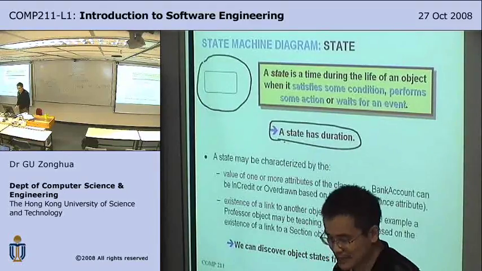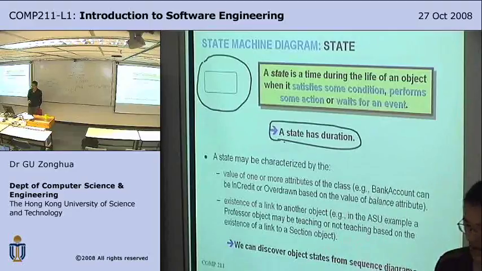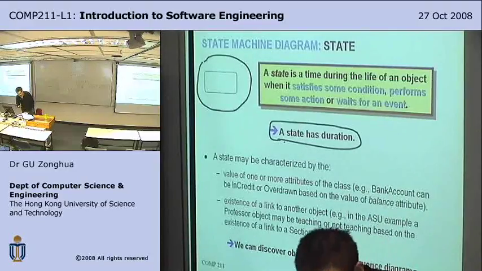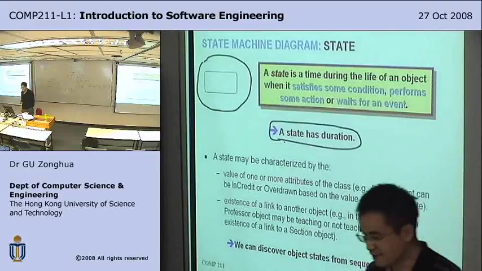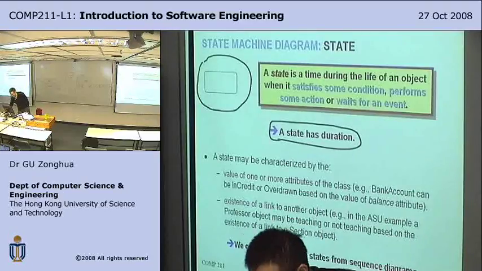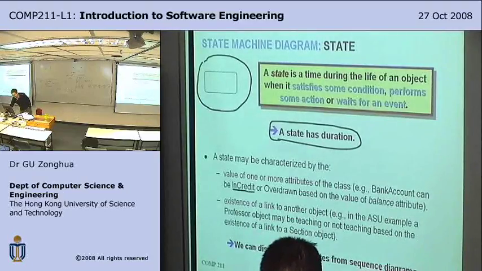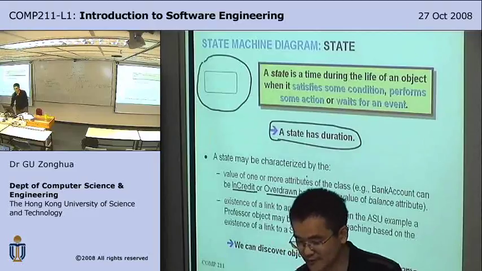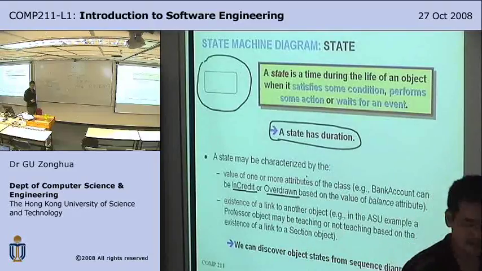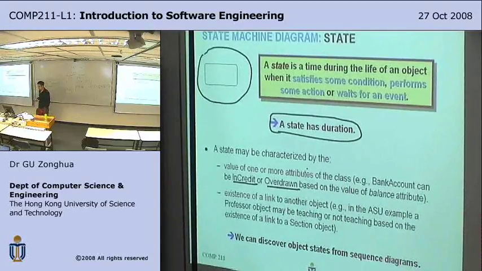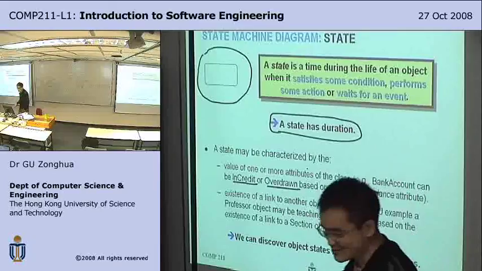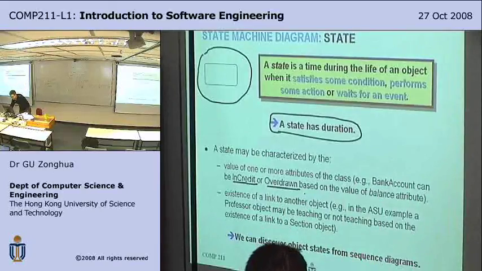A state may be characterized by the value of one or more of the attributes. For example, the bank account can be in credit or overdrawn based on the value of the balance attribute. If it's less than 0, it's overdrawn. If it's greater than or equal to 0, it's in credit.